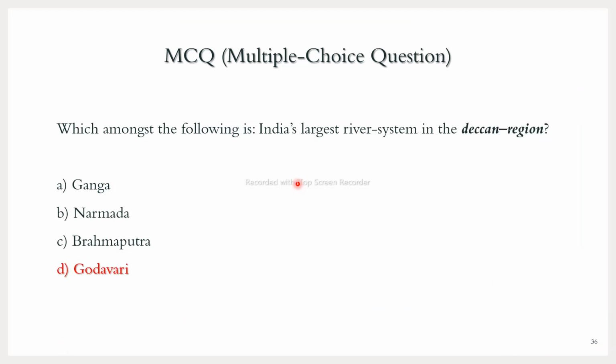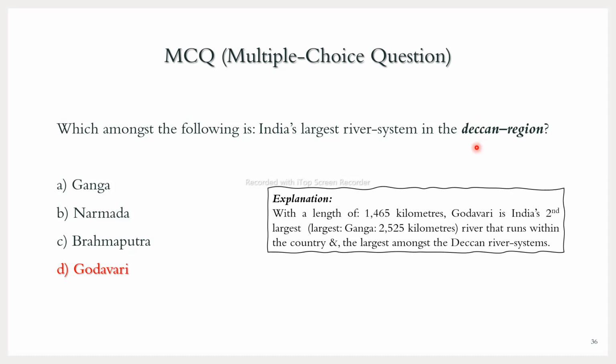So option D is Godavari, because it is told that it is in the Deccan region. Ganga is definitely the largest river of India, having 2,525 kilometers, but they have specifically mentioned the Deccan region, so that's why it is Godavari.